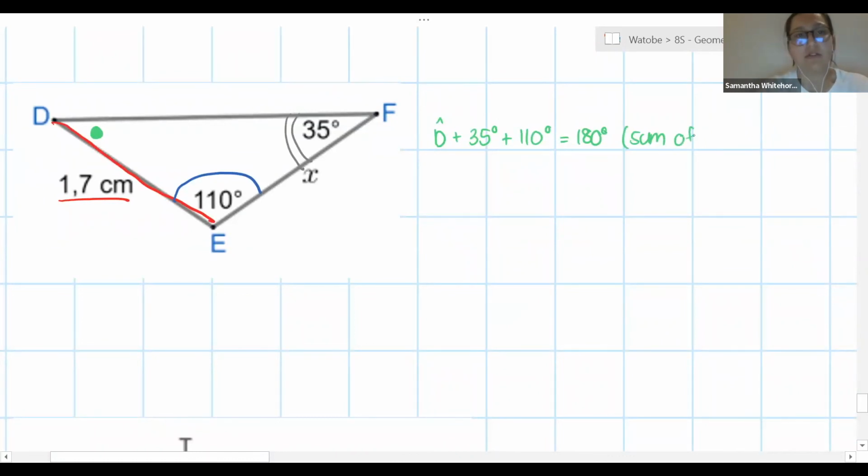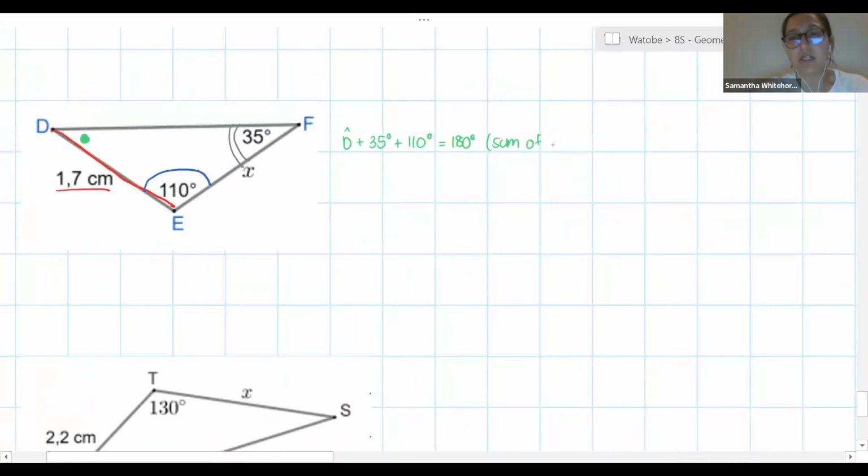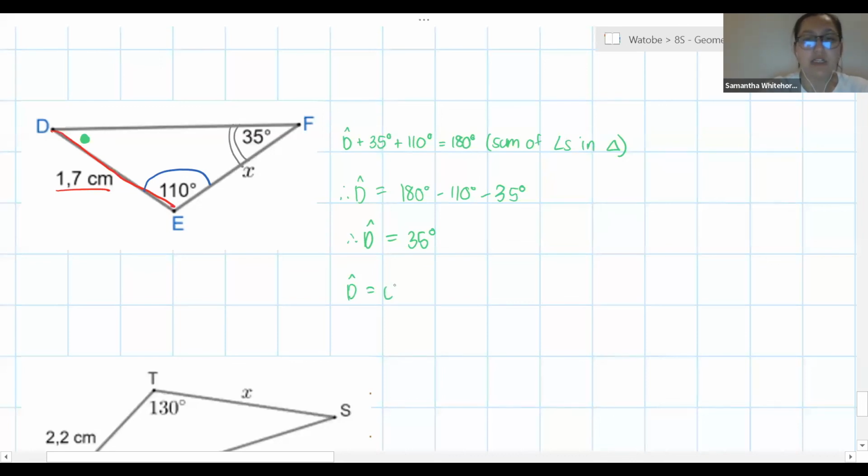Sum of, sure, I've made this very big, do apologize, angles in triangle. And from that point, I can go and say, okay, well, D is equal to 180 minus 110 minus 35. And I get that in actual fact, angle D is equal to 35. So what I've shown here is that angle D and angle F are both 35 degrees.